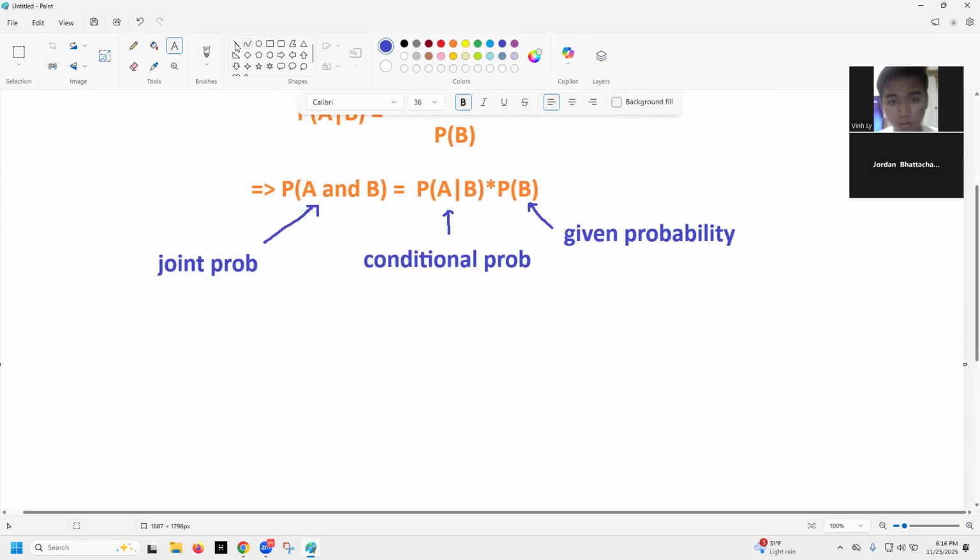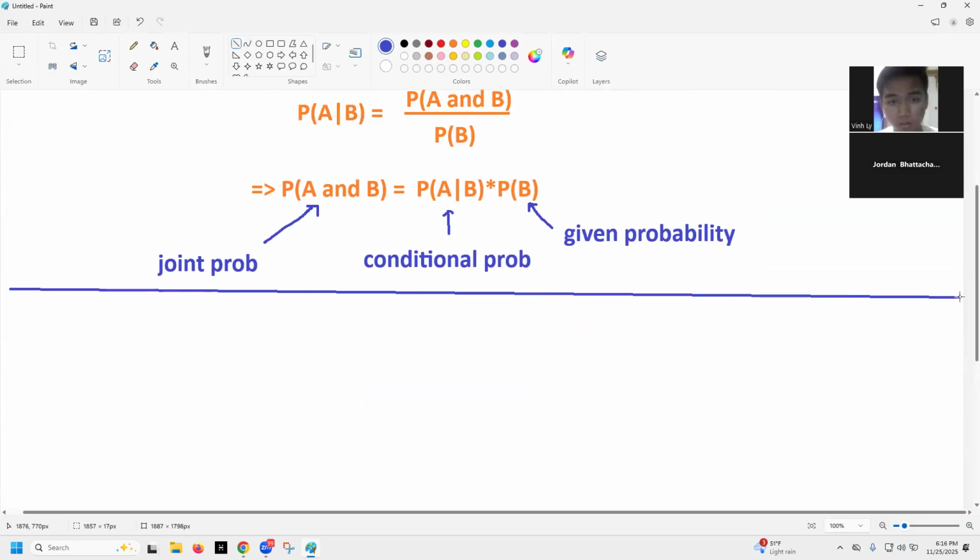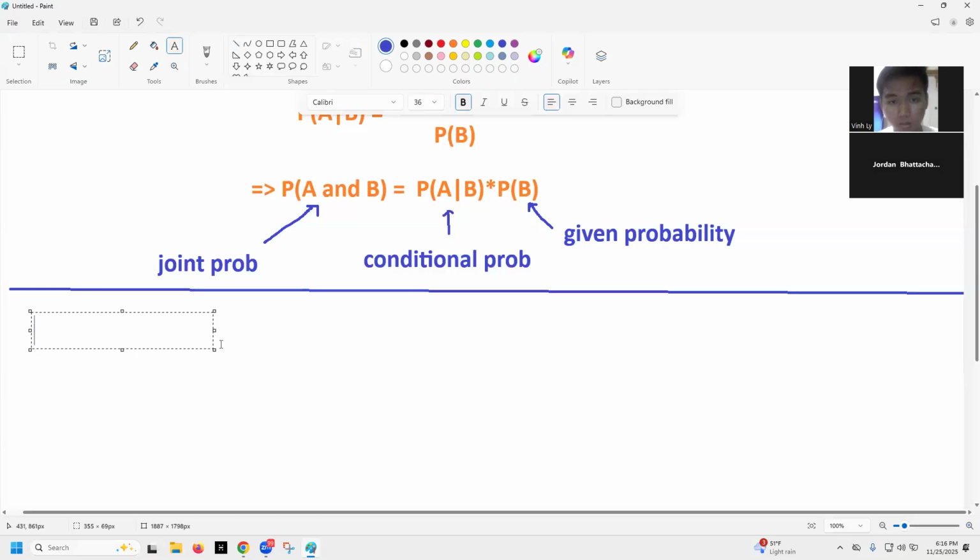Now I just want to give you some examples of how we're gonna deal with that. For example, I give you P of A equal to 0.6. Then we also have P of B equal to 0.2, for example.